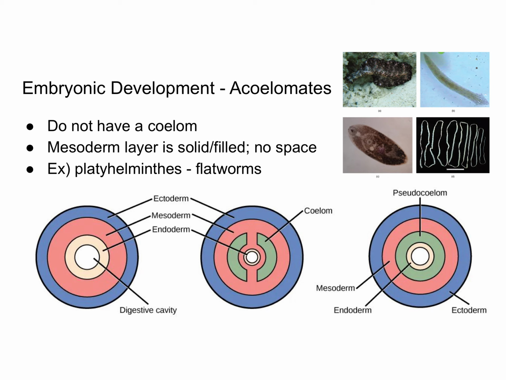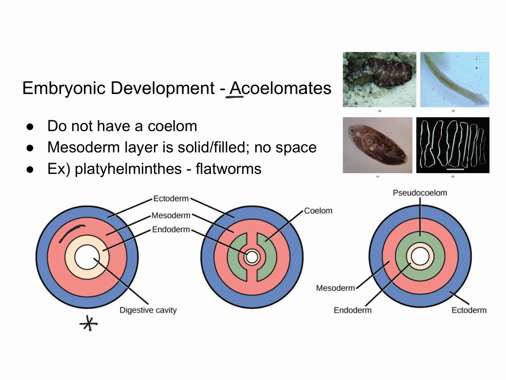So first taking a look at our acoelomates, these are organisms that do not have a body cavity, and that's being shown in this picture right here. The mesoderm layer is solid, and you can see that in this red layer here. There is no space in this layer.